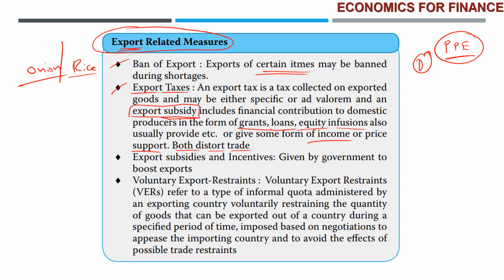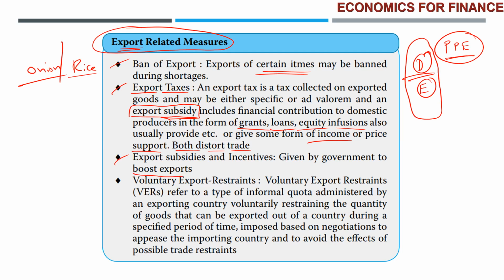Export subsidy and export taxes will both distort the trade, because either the government wants to discourage exports or wants to encourage exports. If these are not given, then the trade would have been different. Because these are given, trade is different. That is why we are saying that both possibly distort the trade. Why are export subsidies or incentives given? To boost the exports.